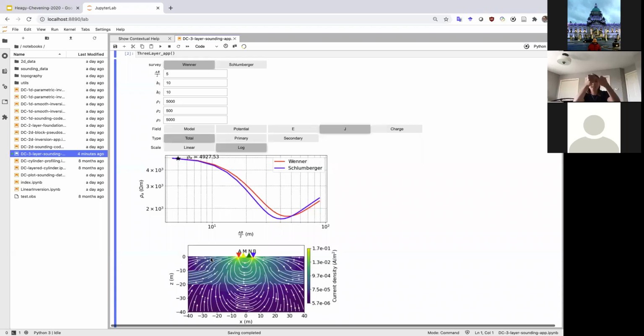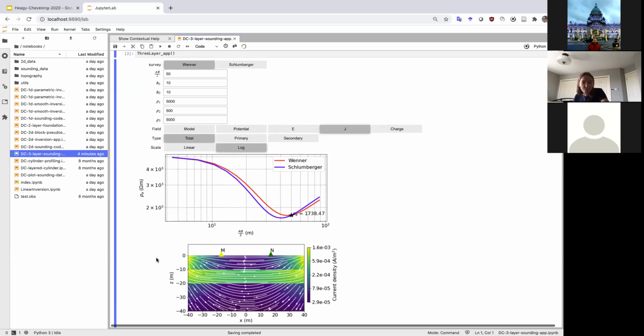If we have the electrodes very, very close together, basically we're just sampling that top part of the Earth. If we go much further apart, so let's maybe make this 50 meters apart, they're off the screen, but you can now see that we're looking much deeper because we're injecting current from much further apart.